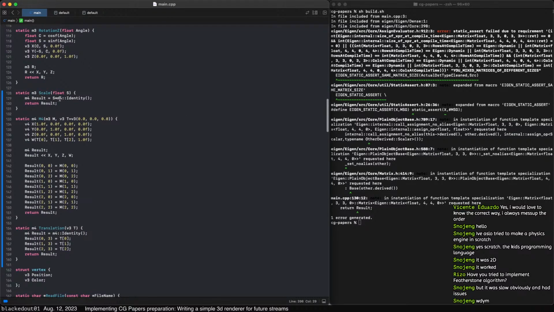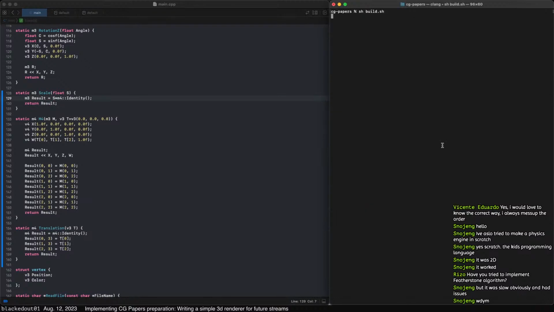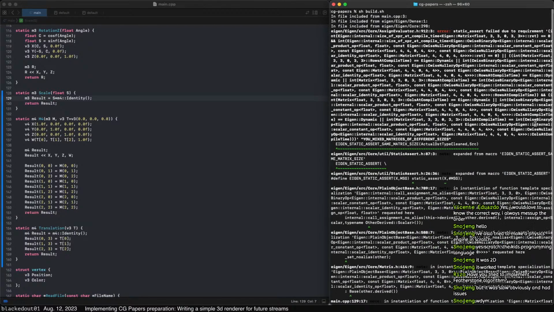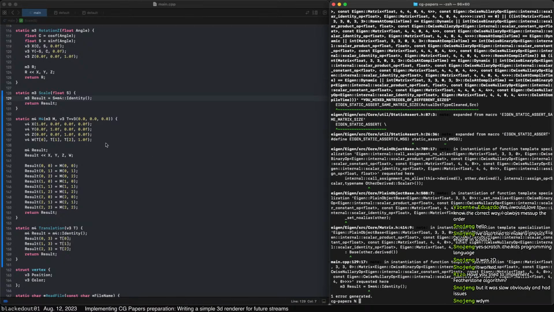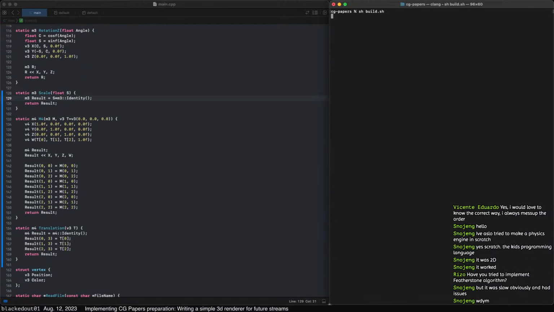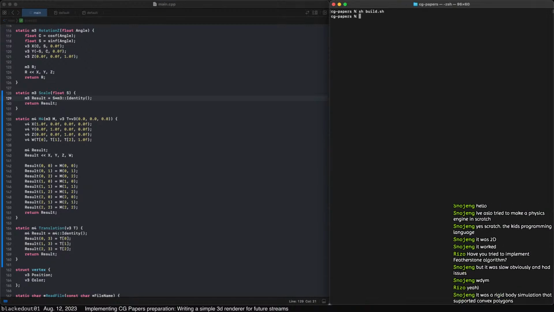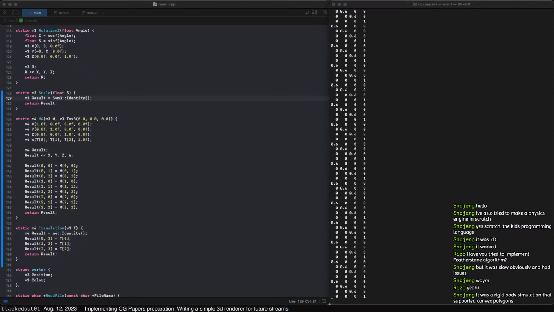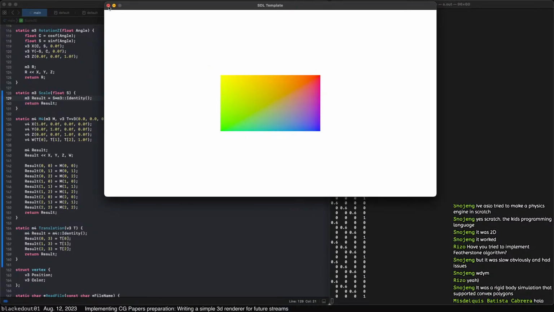I see why. That's even worse. What's happening? Ah, again. Okay, so now you can see the rectangle is smaller.